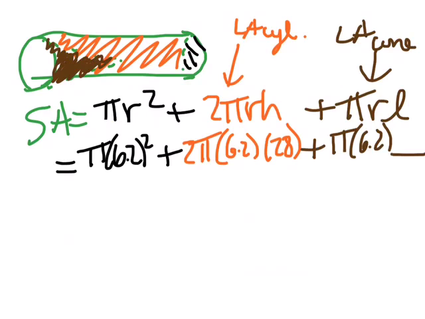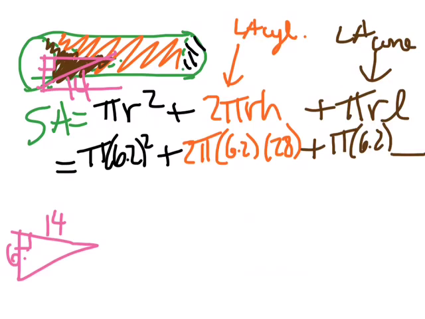Now, slant height, we actually don't have. Okay, they give you the height here of 14. All right, so that's 14. And they give you a radius, and there's a right angle. Well, should be. We can assume there's a right angle there. So really what we got is a right triangle with, what is it? This is 14, the height, radius 6.2.